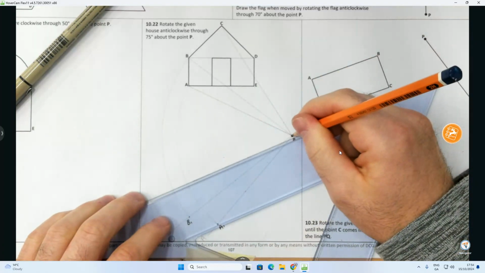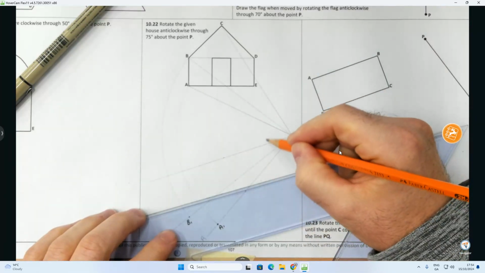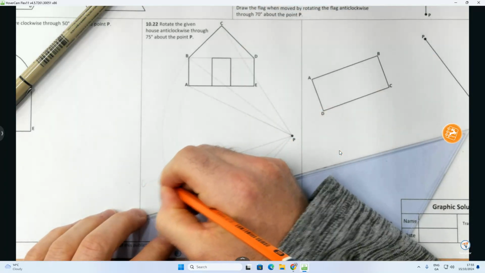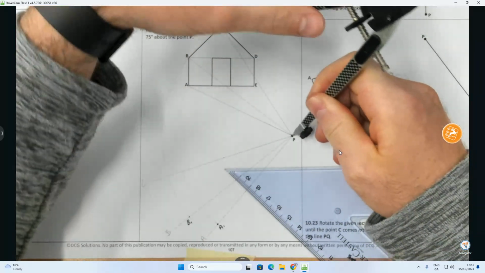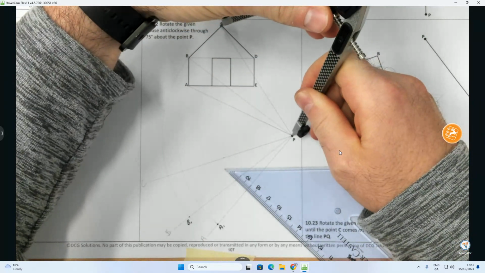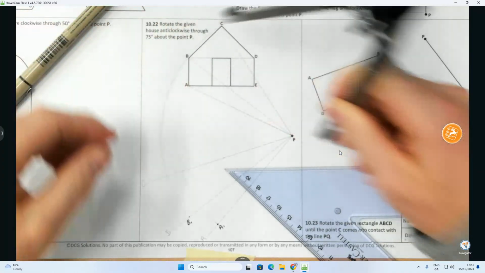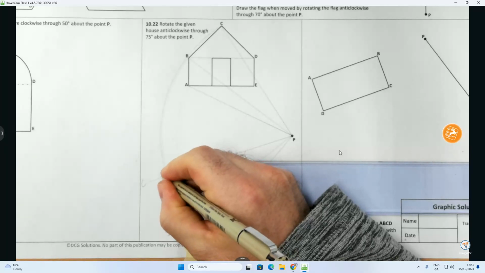That is a 75 degree angle between those two lines, from P to C. So the C answer is going to be along this line. How do I find it? Same method. Put your compass on P, pencil up as far as C, swing an arc. That arc is very close to it, but there is C1.